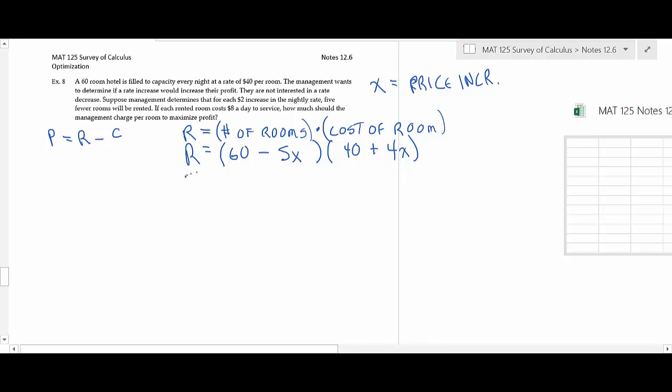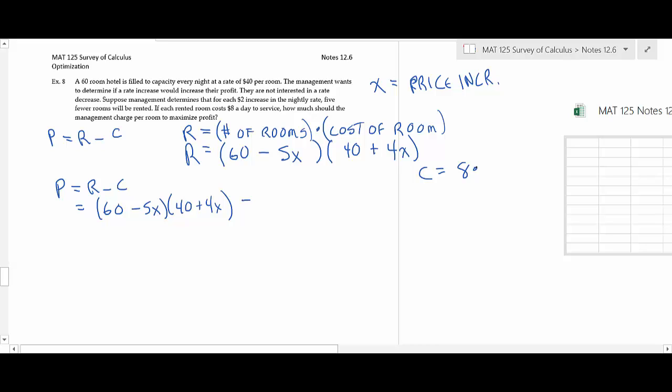Okay, so that's the revenue, but the other thing is when we do the profit, we have to take the revenue minus the cost. So we're going to take this expression, 60 minus 5x times 40 plus 4x, and then the cost. Okay, what was the cost? $8 per room.